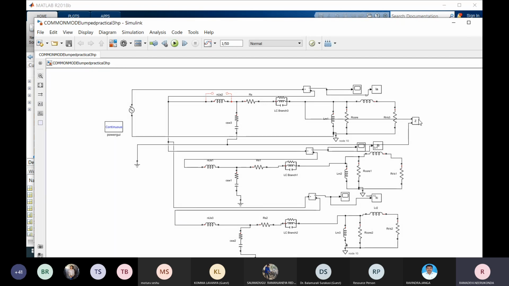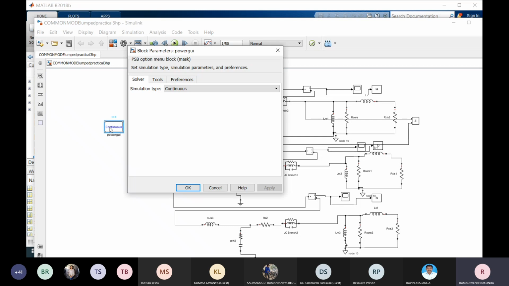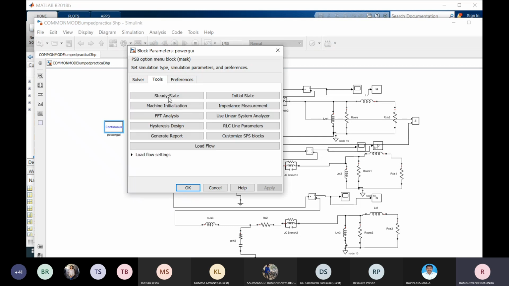For measuring impedances or FFT analysis, we require the power GUI block. This block is essential for measuring impedances, FFT analysis, steady state analysis, any analysis. So double click this and go to the tools.